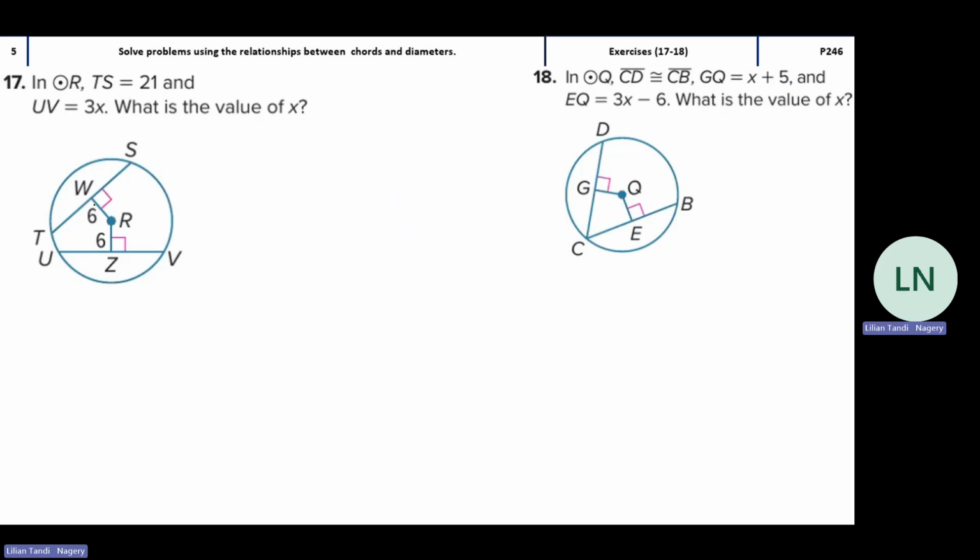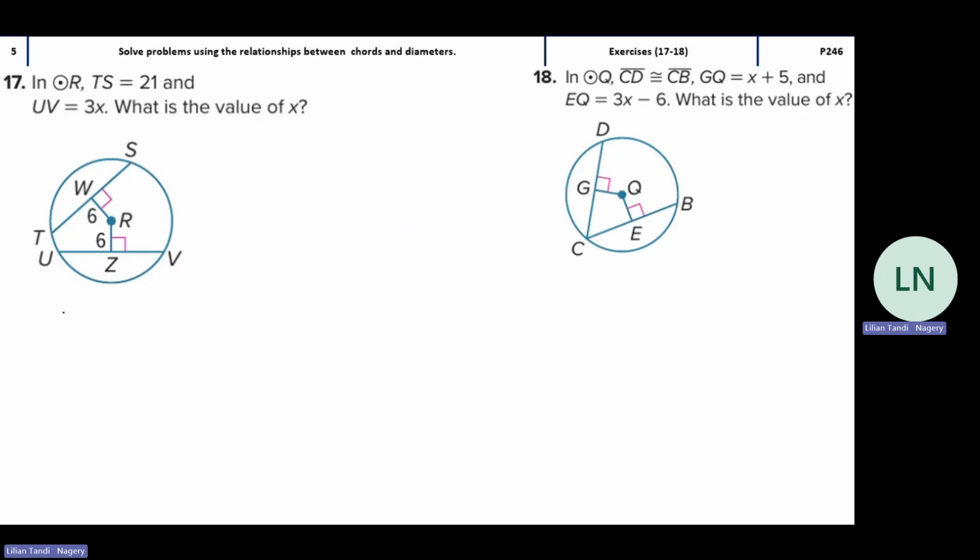Okay? If the distance from the center to the chord is the same as from the center to the other chord, and they make 90 degrees, it means this chord is congruent to this chord.